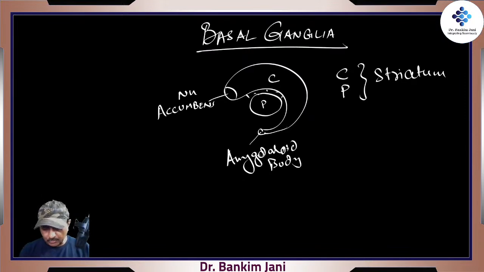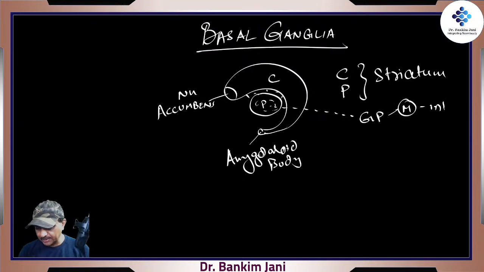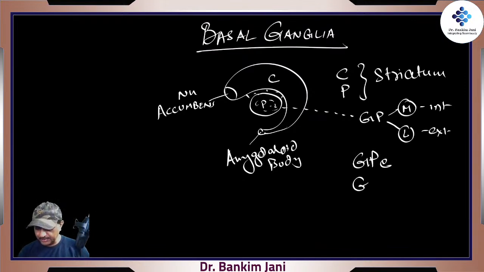Then on the medial side there was the globus pallidus, which has two parts. The medial part is internal and the lateral part is external, so we call them GPI and GPE.